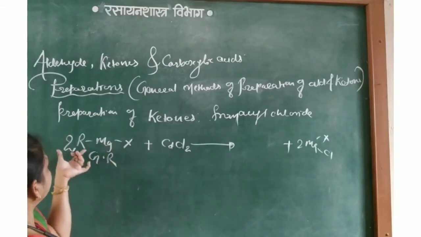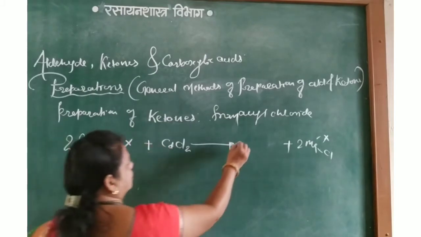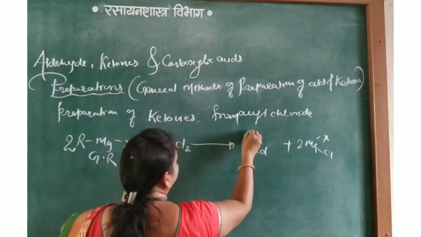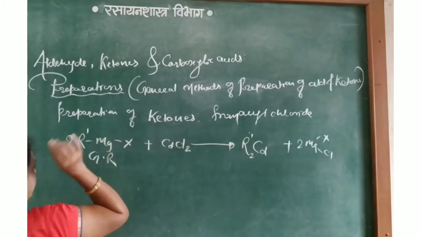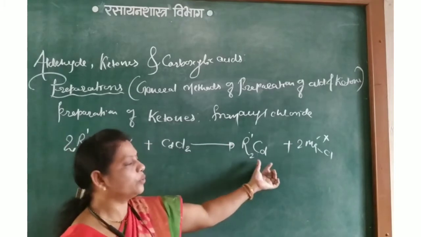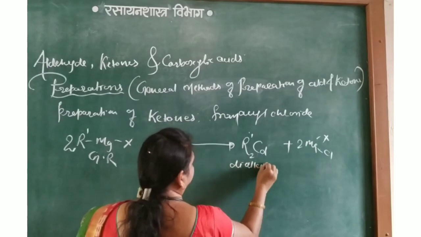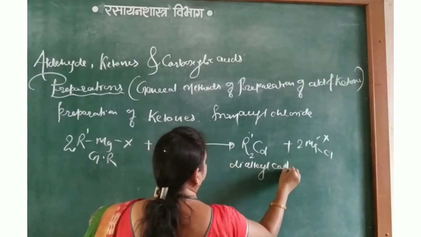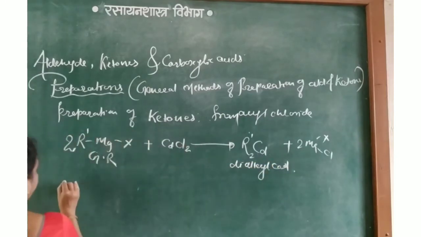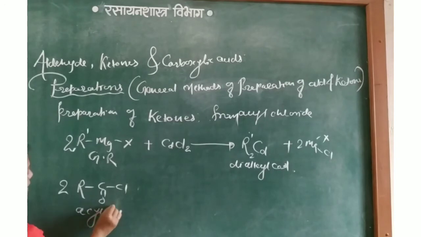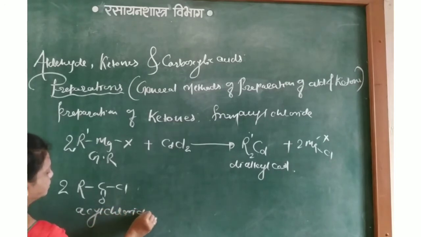Okay. Then these two combine with Cd to form R2Cd, dialkyl cadmium. If it is R dash, then R dash 2Cd, dialkyl cadmium. Then here twice RC double bond OCl. This is called acyl chloride.